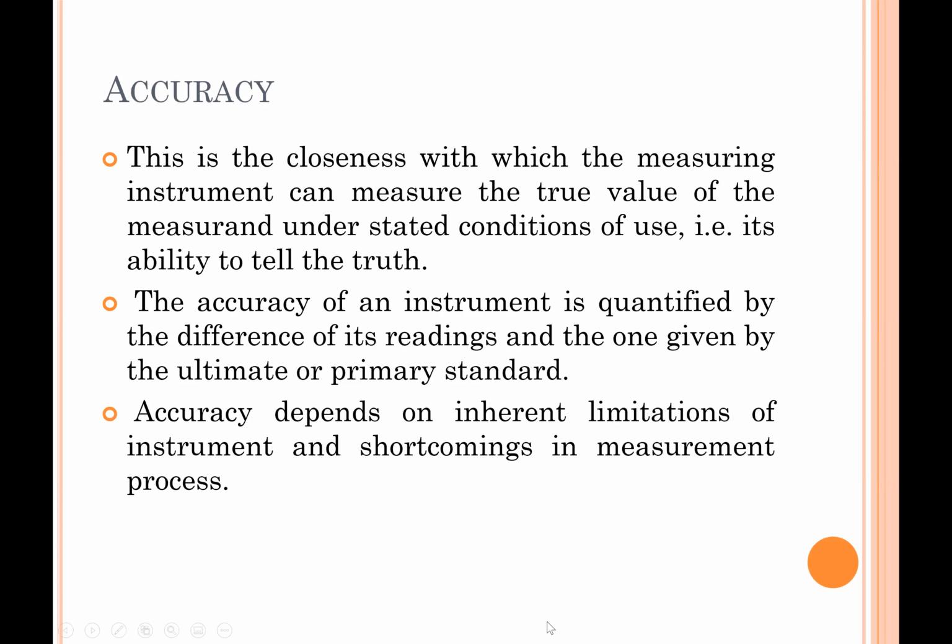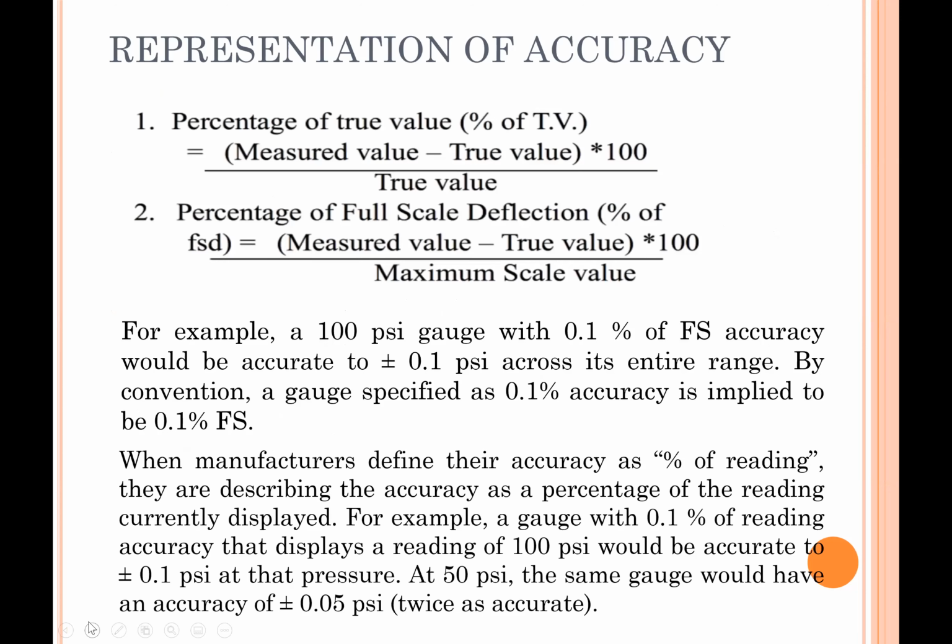Okay, so now there are certain terms which are very close to each other related to accuracy. Let us see what these are. How we represent accuracy is percentage of true value, that is measured value minus true value multiplied by 100 divided by true value, or we can also represent it as percentage of full scale deflection, that is measured value minus true value divided by the maximum possible value and into 100.